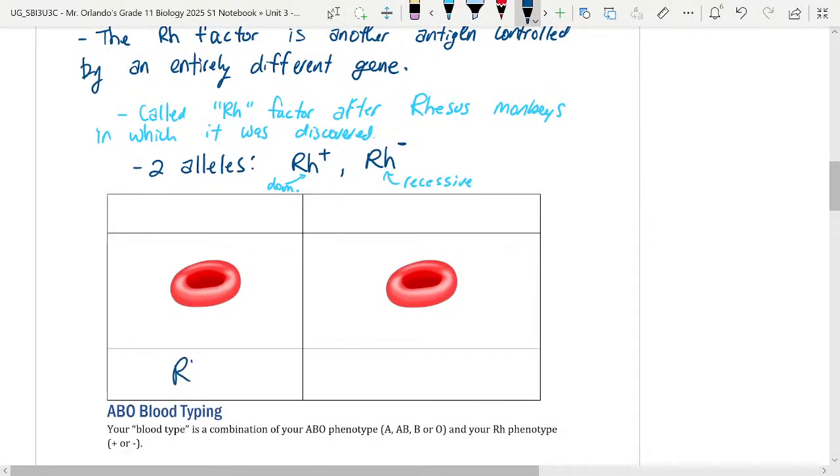You can be Rh positive or you can be Rh negative, but there's actually two ways to be Rh positive, which are what? You could have two copies of the positive allele, or you could have one copy of each. And in either case, you'll have the Rh factor, which I'm going to show as a red triangle.